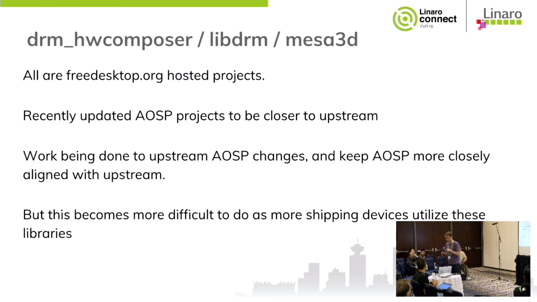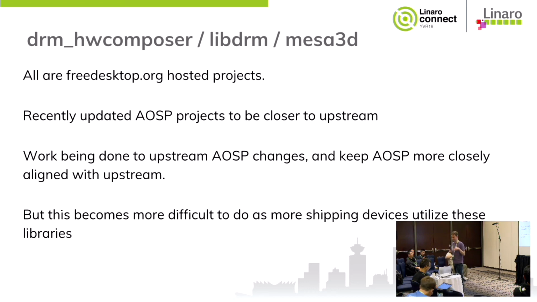I think this is really important because I really want to be able to regularly test the upstream branches in Android. This is similar to the work that we do with the upstream kernel community, where we want to be able to test the upstream kernel to catch issues, and that helps create confidence when we move to newer kernels. The reason this is important is that in the past these projects had been used on other shipping devices, but once a device ships, Google developers tend to get fairly conservative about changes.